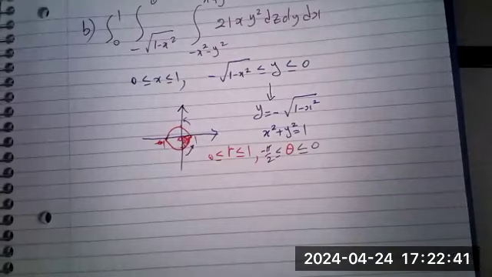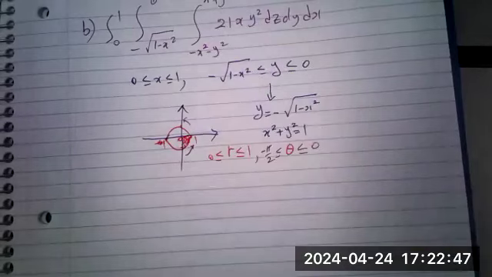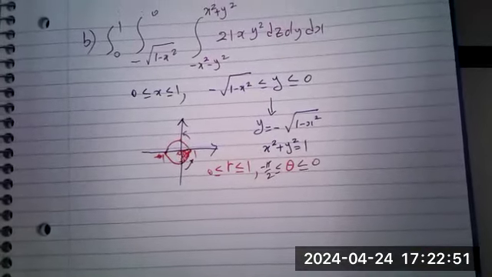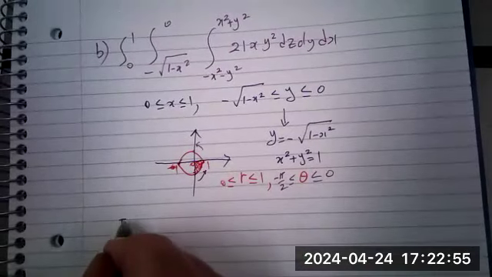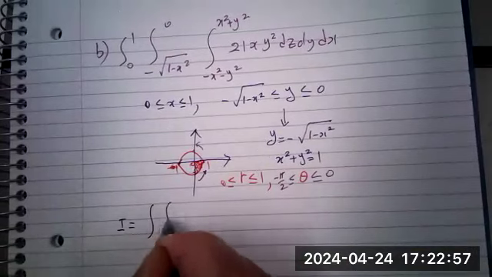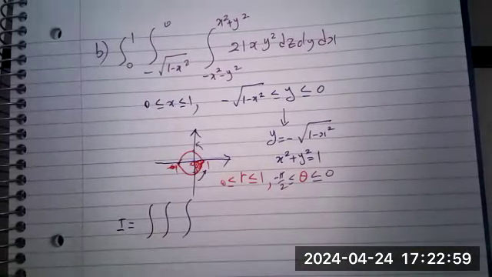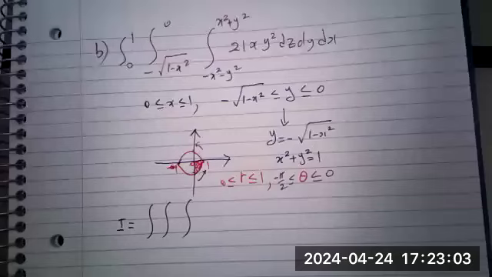Now we are ready to integrate it because these are not going to be troubling, since they are r squared. So what is going to be the result? I call it I. We change it to the new format. Now you get much more to do for this.